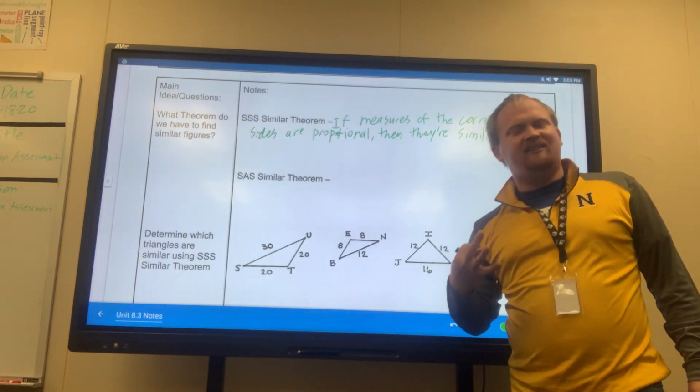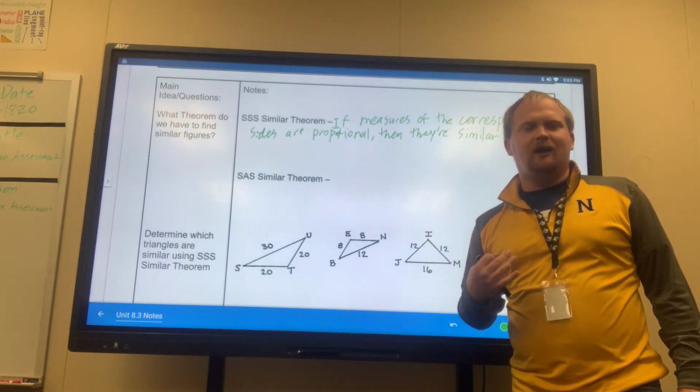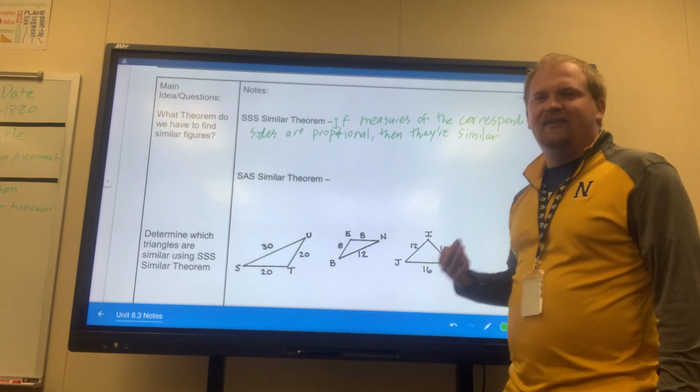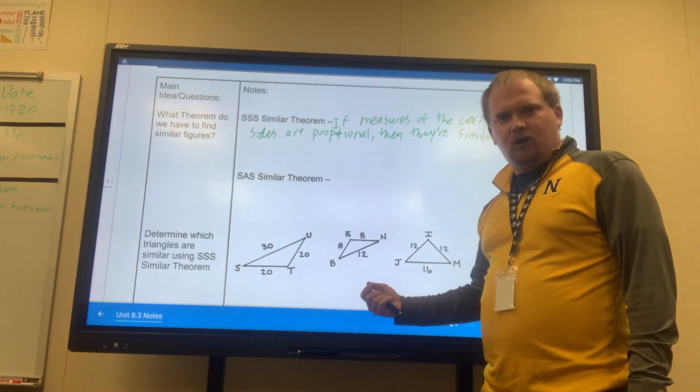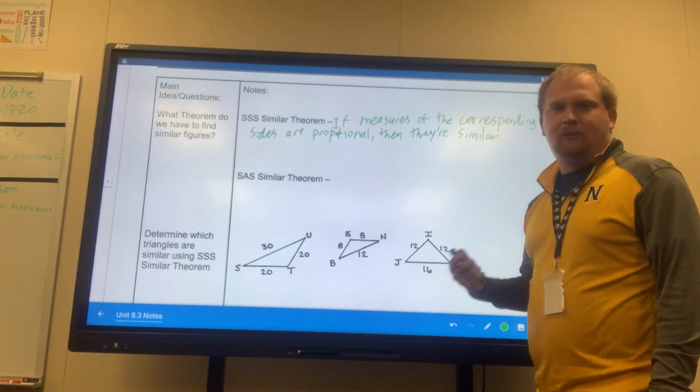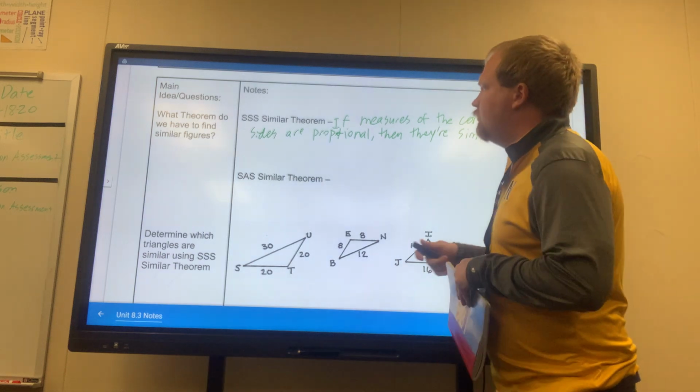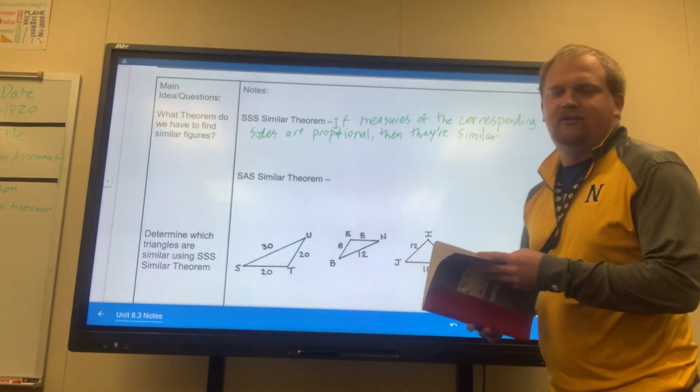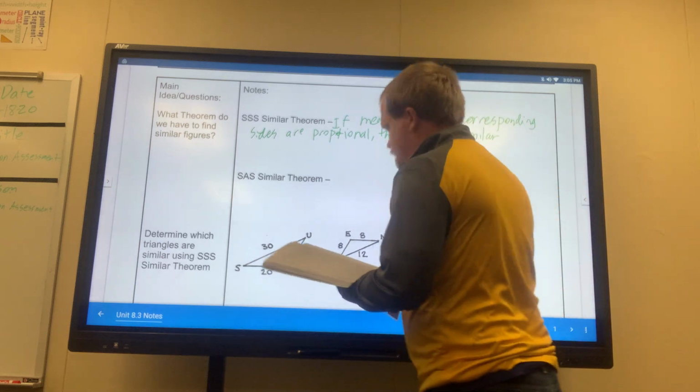If we're given three sides for both triangles, not only will it be side, side, side, as long as the sides are proportional. Now, what about side, angle, side? Similarity theorem, simple.